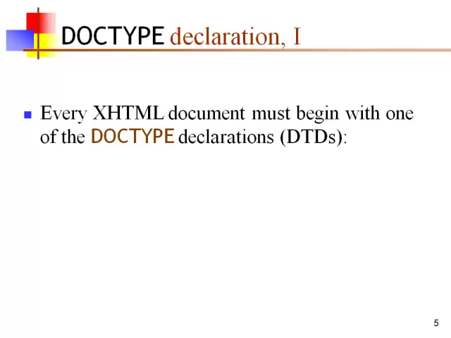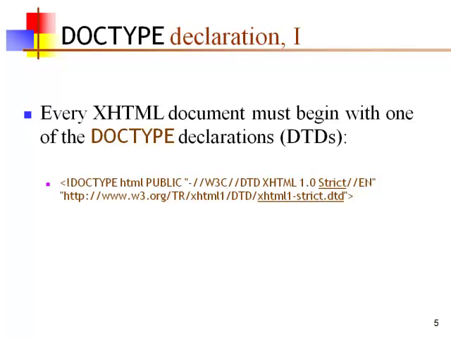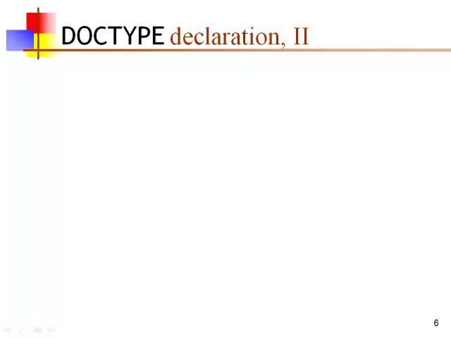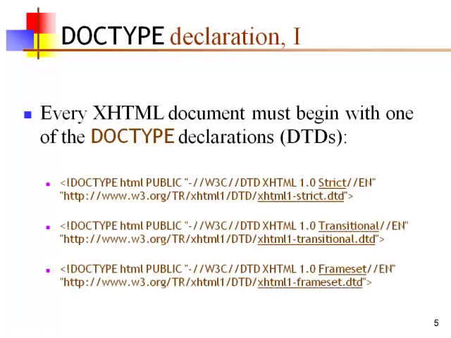Every XHTML document must begin with one of the doctype declarations. It may be strict, or transitional, or frameset. It's frameset, transitional, and strict.